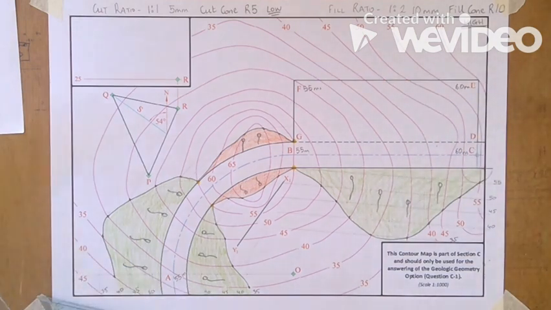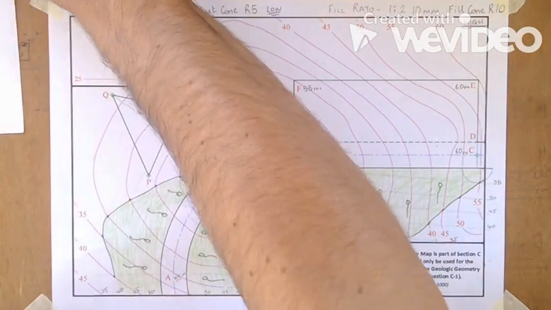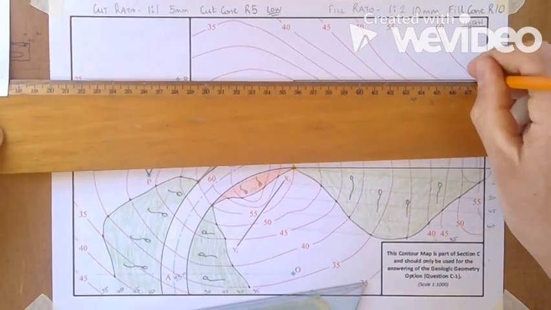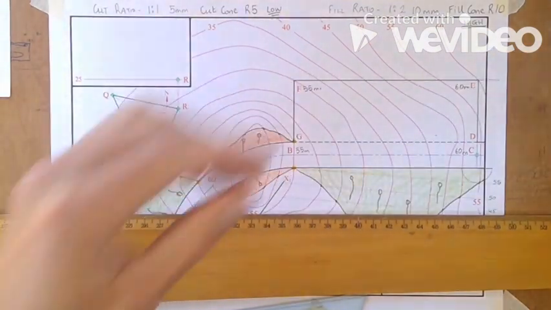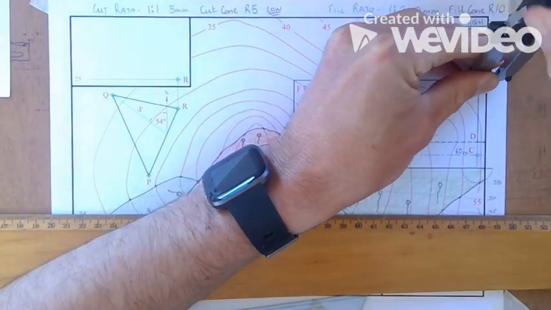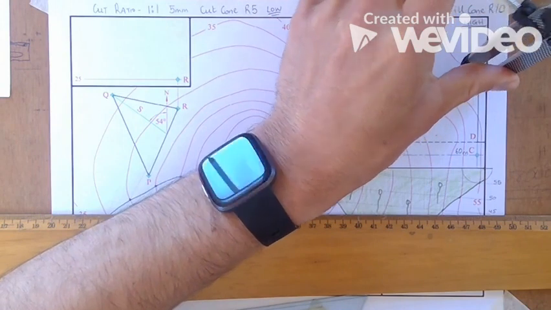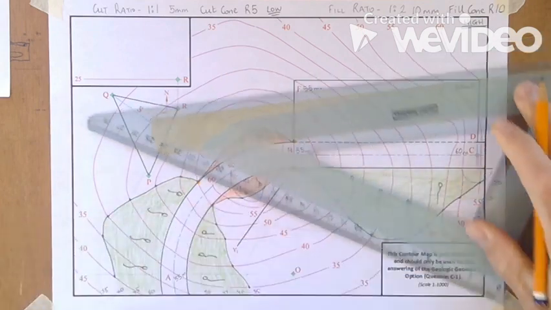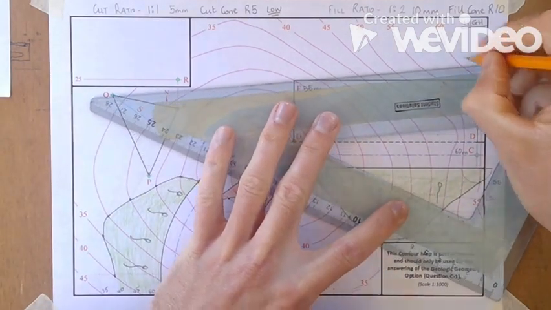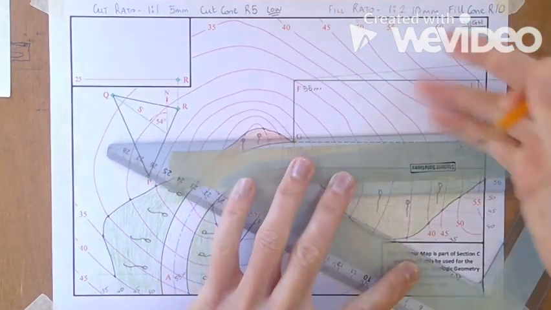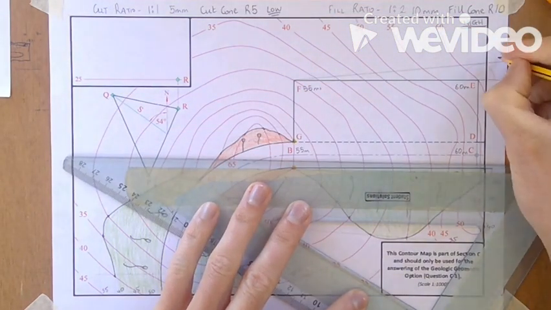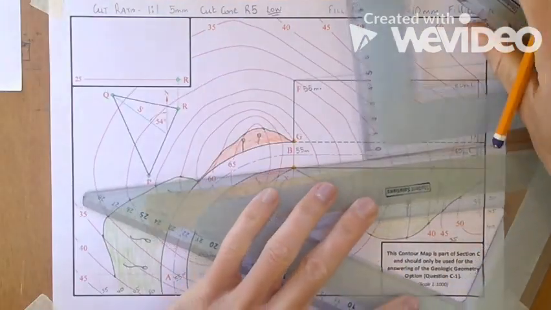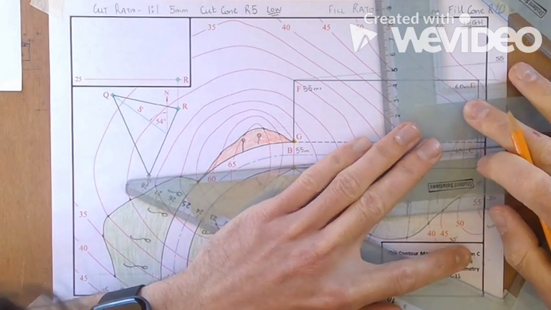So what I'm going to do now is put in another semicone at point E. Draw a line from point F through that, and that has a height of 55. Then draw lines 10 millimeters apart.